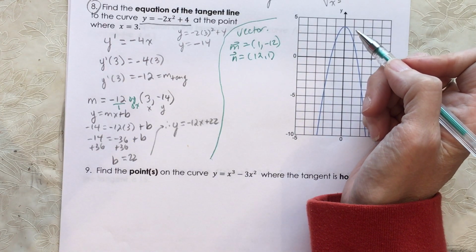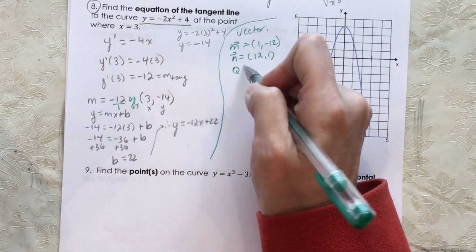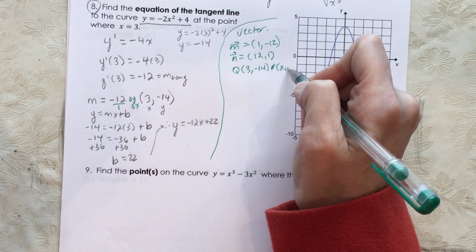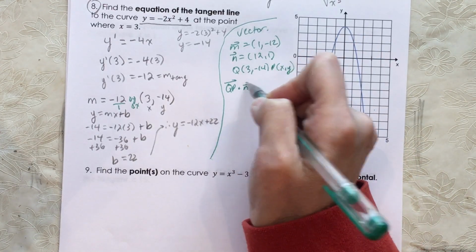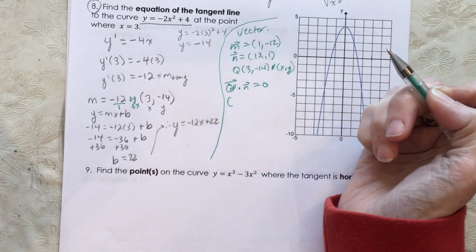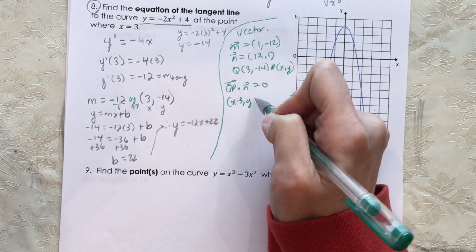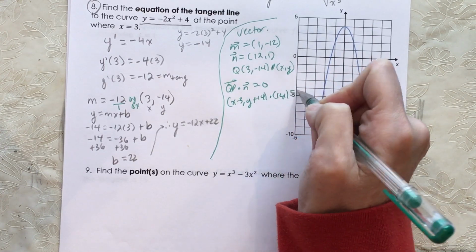And our point, we already figured out Q is 3, negative 14, and then P is x, y. And then we use QP dotted with the normal equals 0. So QP is going to be x minus 3, y plus 14 dotted with 12, 1 equals 0.